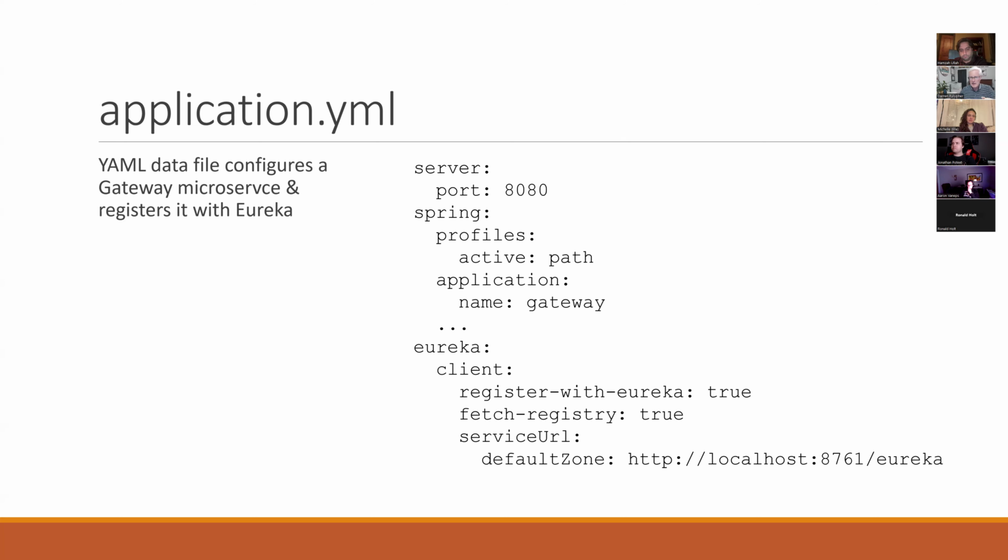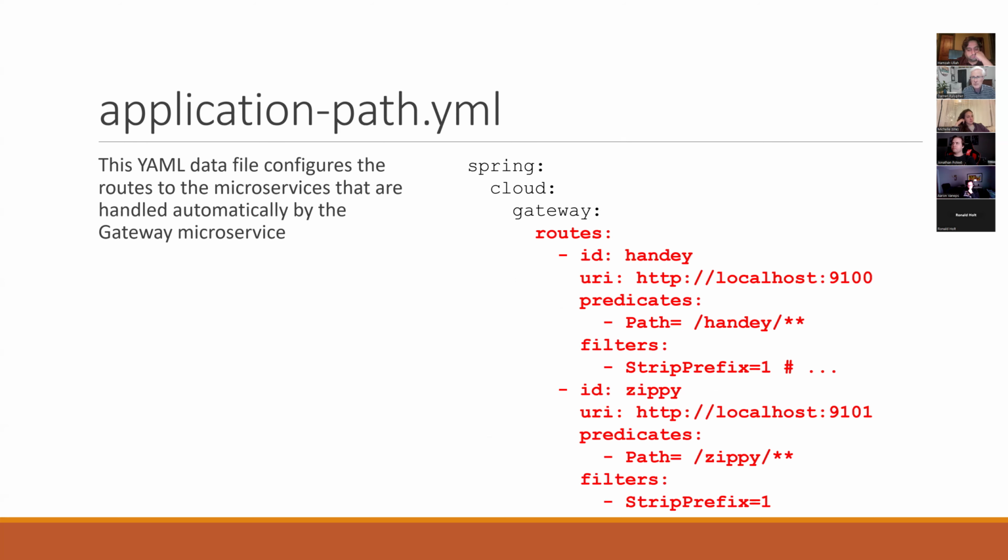I'm showing the profiles, and the application is called Gateway. So it's my gateway into my application. You won't see a lot of change in this part, and we'll go over Eureka in more depth as we go forward.